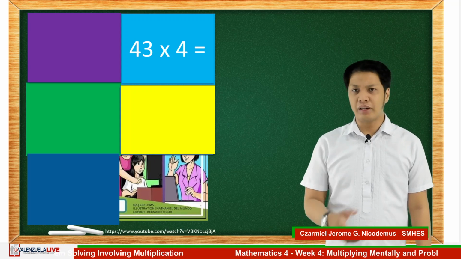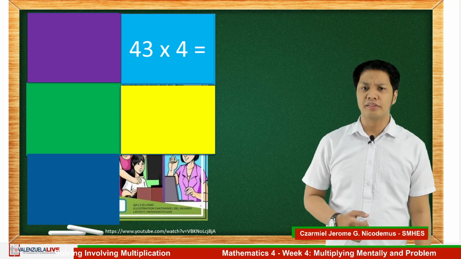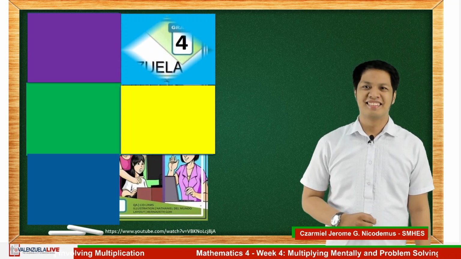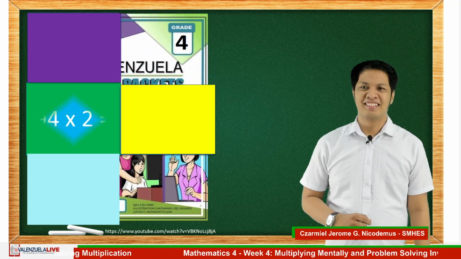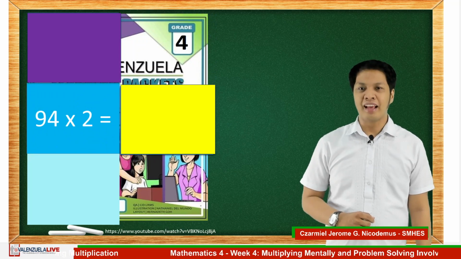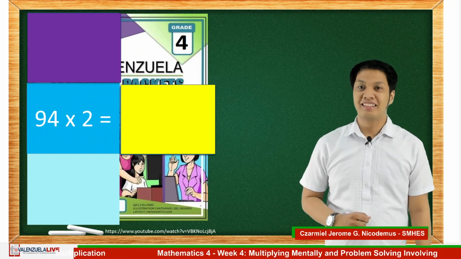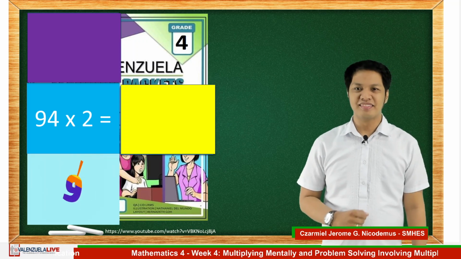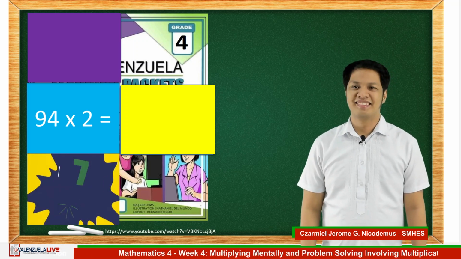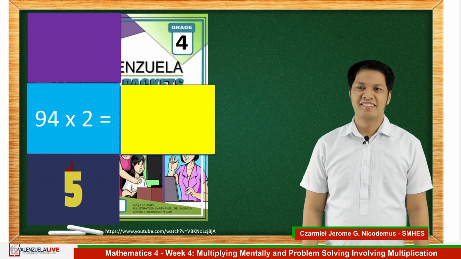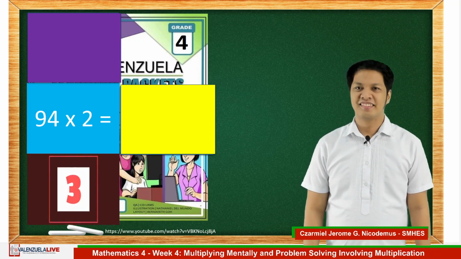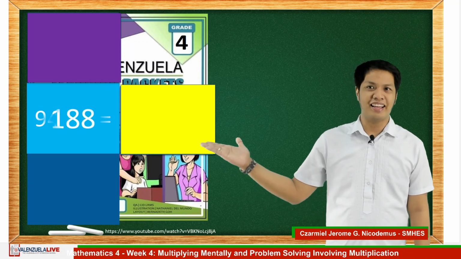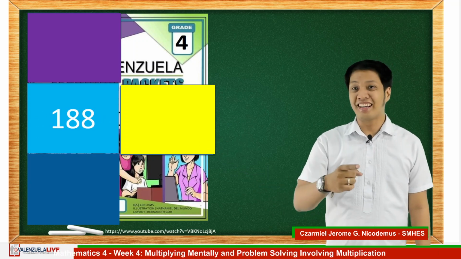Some answered 172 in our comment section. You got it right. If we multiply 94 by 2, the answer is? Did you get 188? You are correct again.